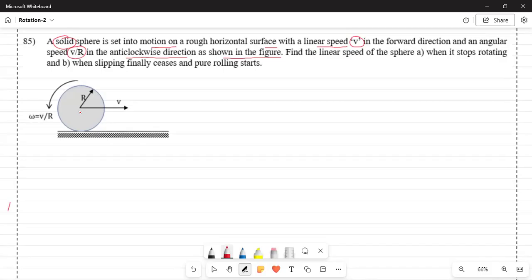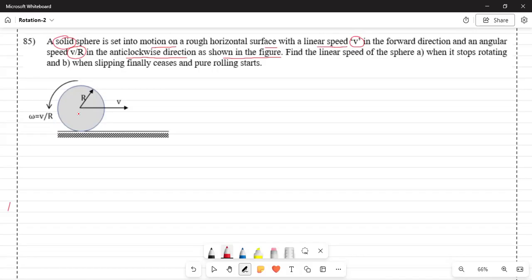Now look what is happening. This figure says that angular rotation is anti-clockwise, but it is released on the ground with a forward velocity of v.